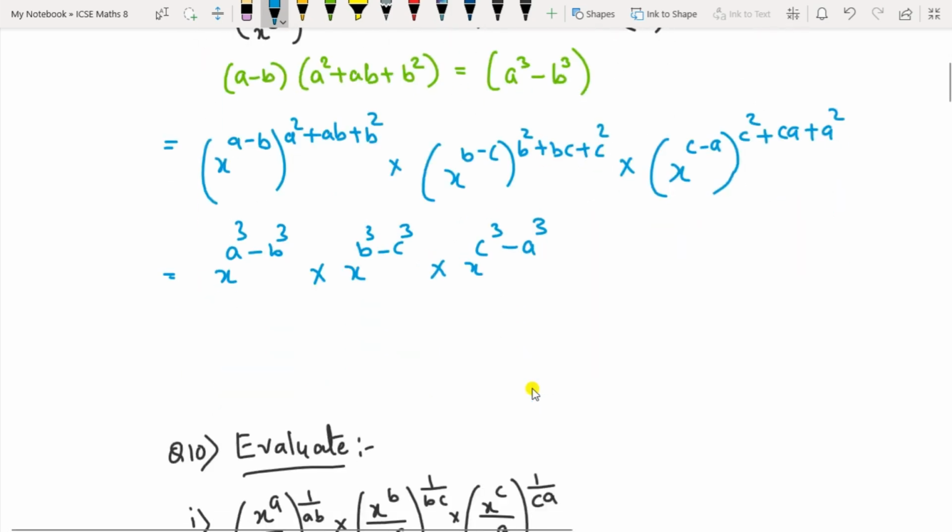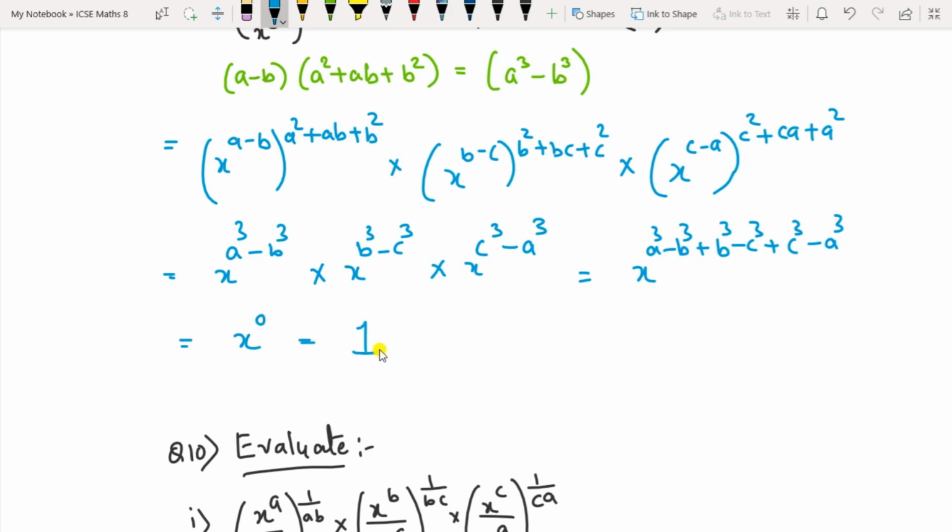As you have done before, you add all the powers because it is multiplication: a cube minus b cube plus b cube minus c cube plus c cube minus a cube. They have opposite powers, plus a minus a, plus b minus b, plus c minus c, that get cancelled. So it remains x raised to 0, hence it is 1. So that is proved, that is RHS.